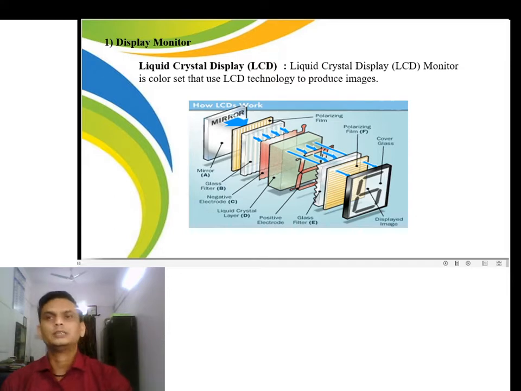An LCD monitor is a color screen on which LCD technology produces images, as shown in our diagram, with a mirror and glass filter. All the rays are transferred from the mirror to the fluorescing film, which creates an image to display on our screen.